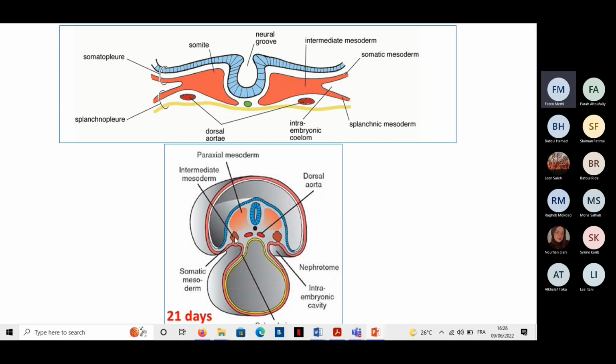Now this intermediate mesoderm will give the mesenchyma, which will be at the origin of the genital ridge, or the indifferent gonads formation. So the indifferent gonads will develop from this region here, the mesenchyma of the intermediate mesoderm.